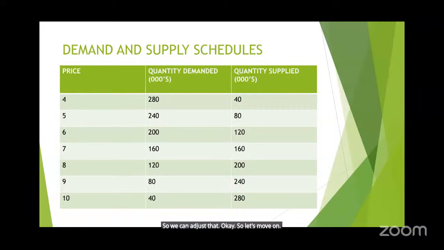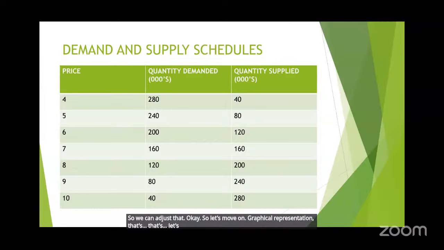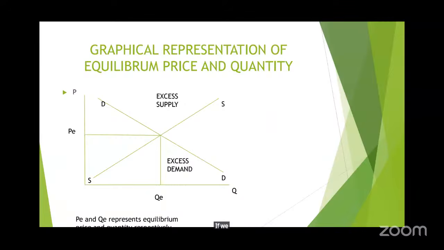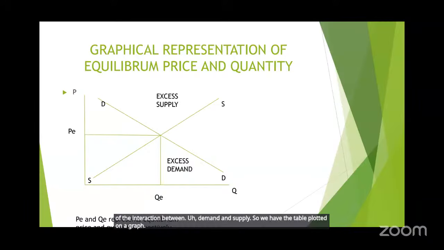Graphical representation. This is the tabular representation, so let's represent it on the graph. This is the graphical representation of the interaction between demand and supply. We have the table plotted on a graph.